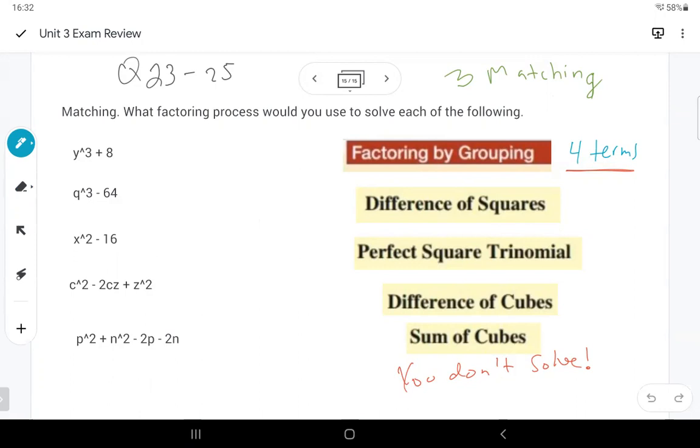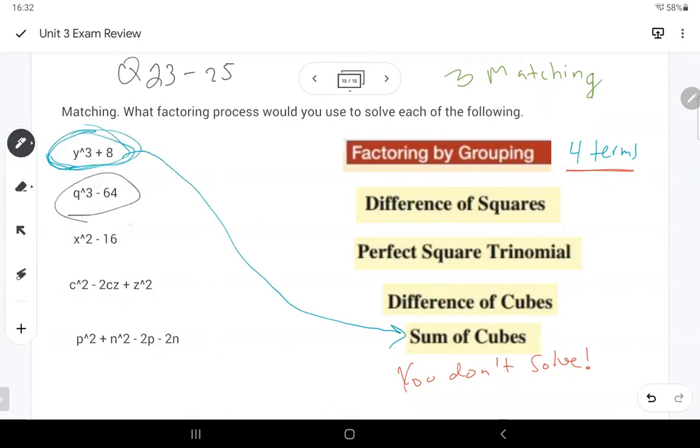So again, what I want you guys to take away from this one is your matching. When you have a cubed, 2 cubes adding, that is the sum of cubes. Then we also have the difference of cubes.